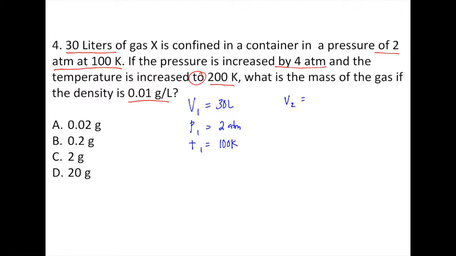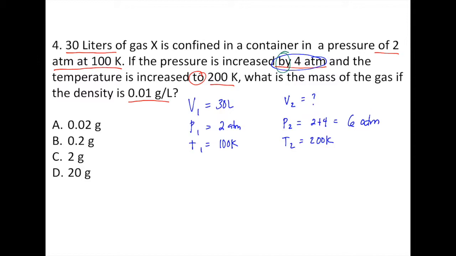Next, the V2, that's actually the unknown, and then we have the P2. So if the pressure is increased by 4 atm, take note of this word "by". So therefore, we have here 2 plus 4 equals 6 atm, not 4 atm. And then for the temperature, that is increased to 200.